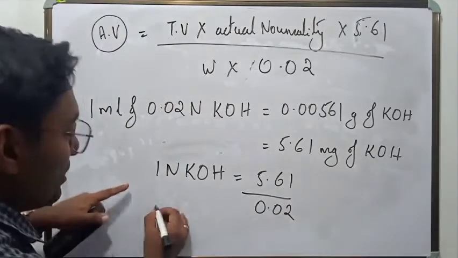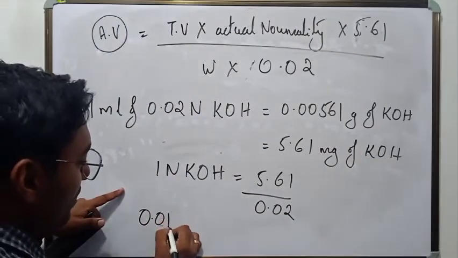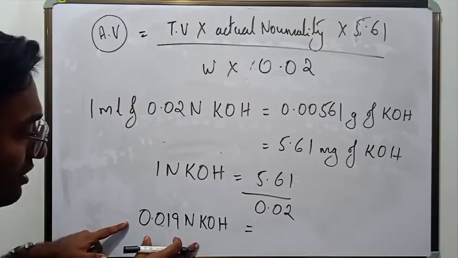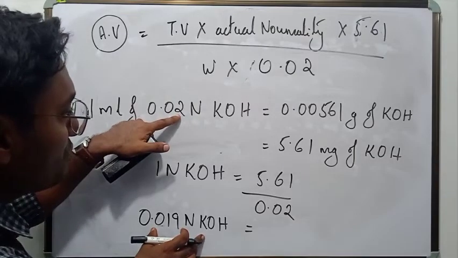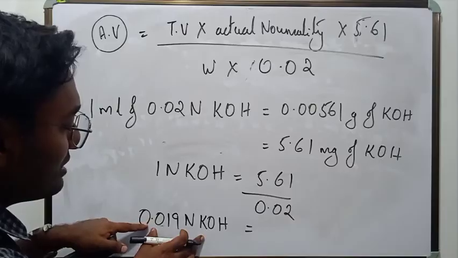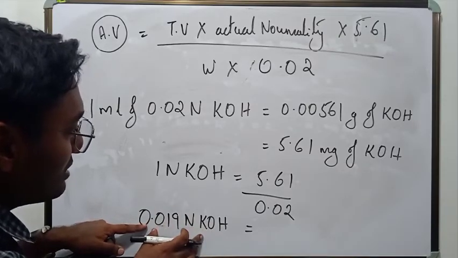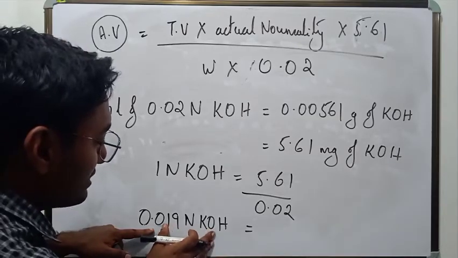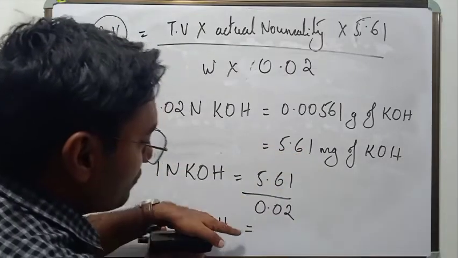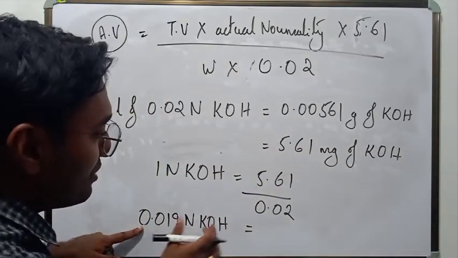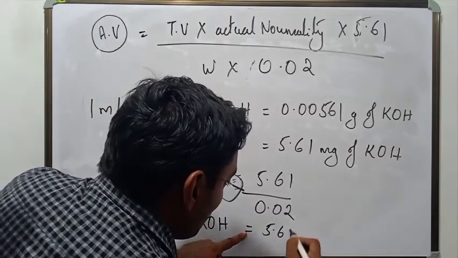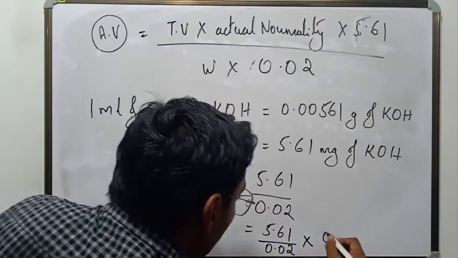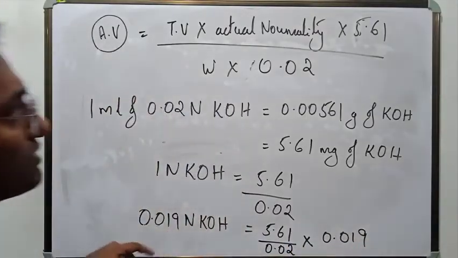If today you intended to prepare 0.02 normal KOH, but after standardization, because of human error, your value is 0.019 normal, then for that strength of KOH, what would be the mg of KOH that would fall in the conical flask? For that, you divide by 0.02 and multiply by your 0.019.